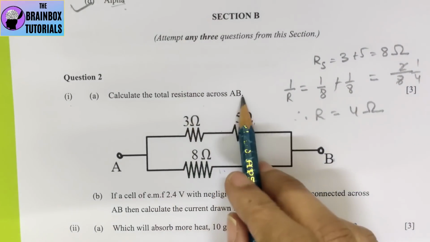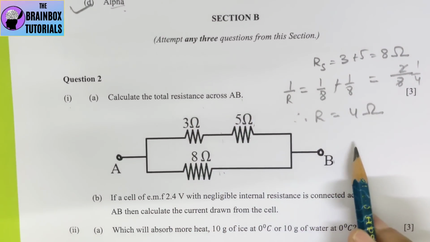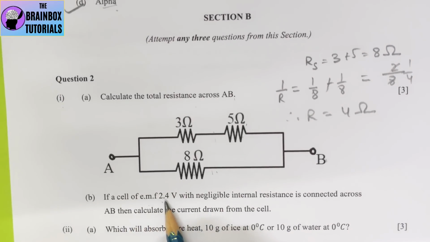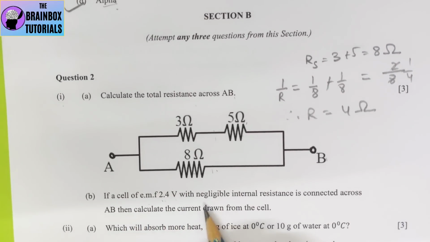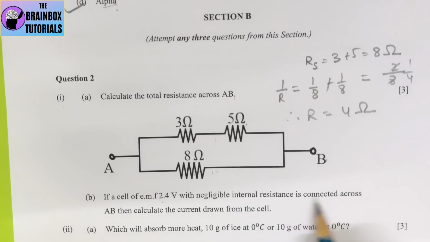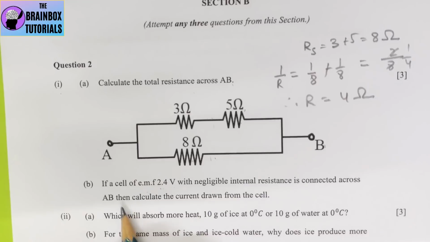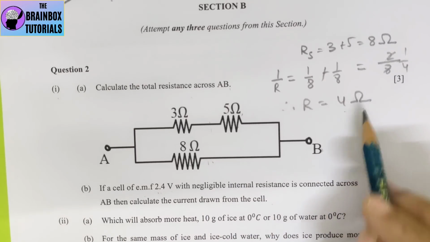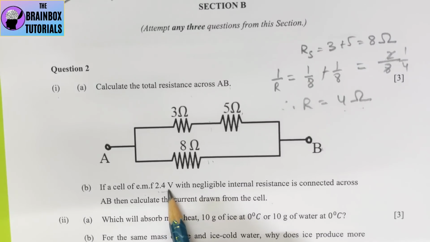Okay, so total resistance across AB is 4 ohm. Now number B, if a cell of EMF 2.4 volt with negligible internal resistance is connected across AB, then calculate the current drawn from the cell. Now we know the total resistance and also the potential difference.